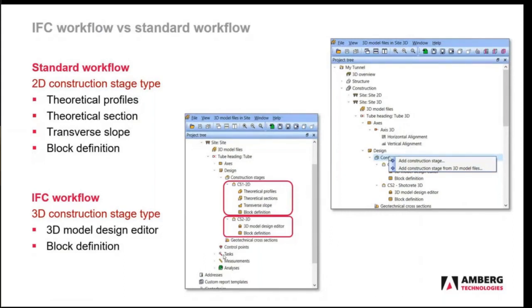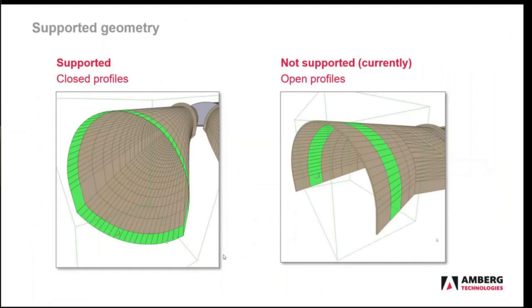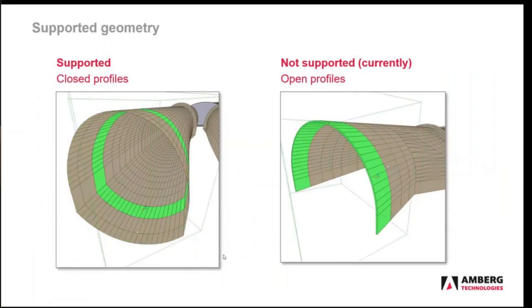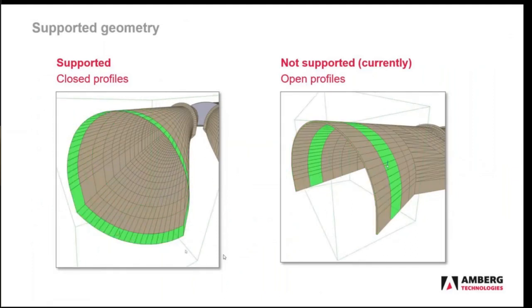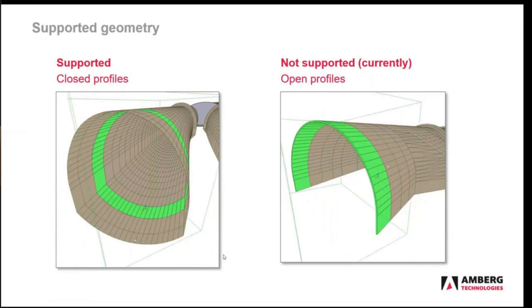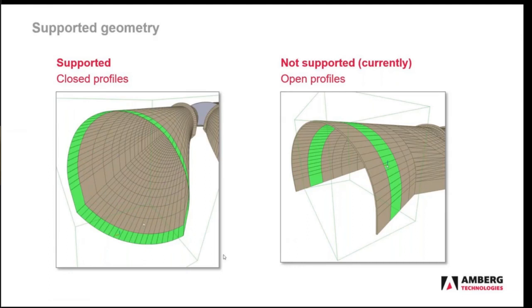Just some things to be aware of regarding what sort of geometry is supported and what is not currently supported, at least, but it will be supported soon. At the moment, what we require is closed profiles. So here on the left-hand side, you can see the different elements being selected, and this is in a BIM viewer, not in Amberg Tunnel.